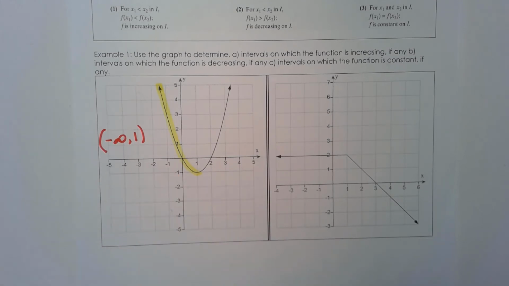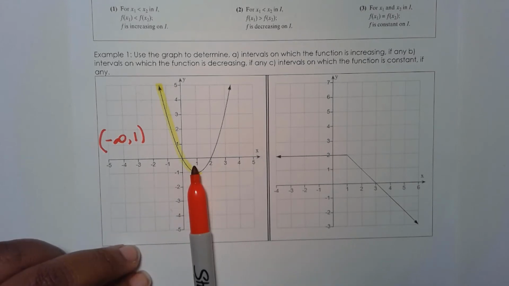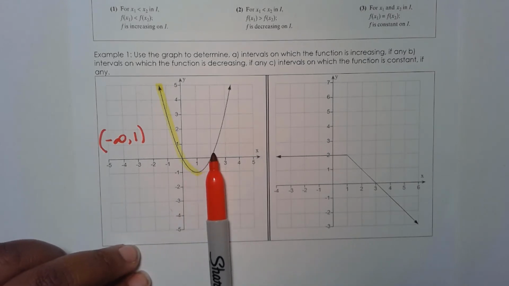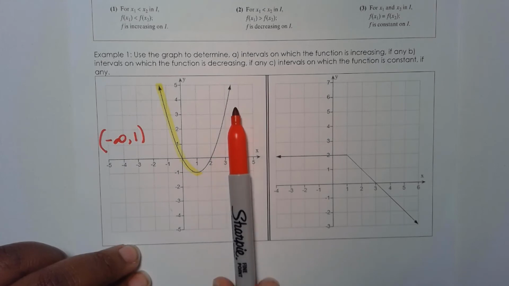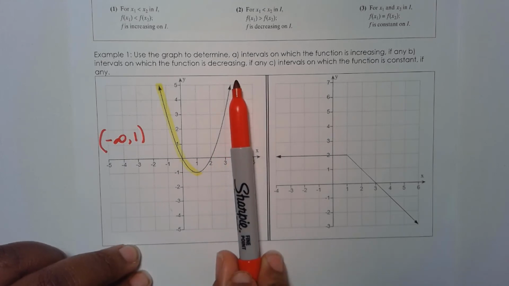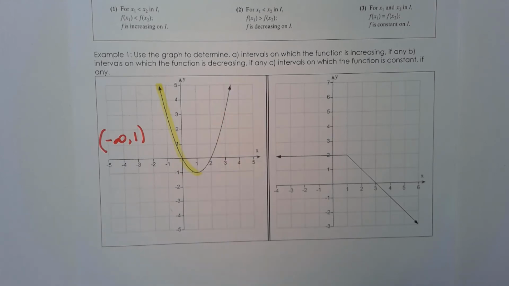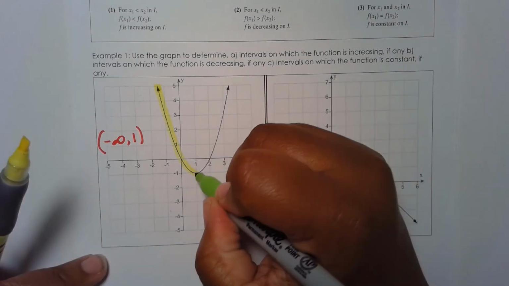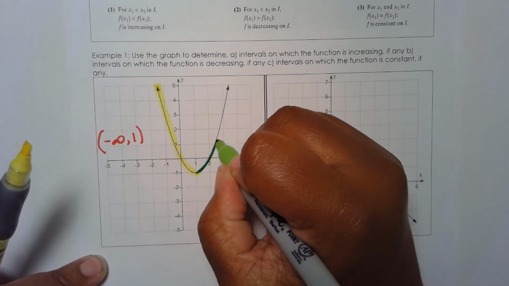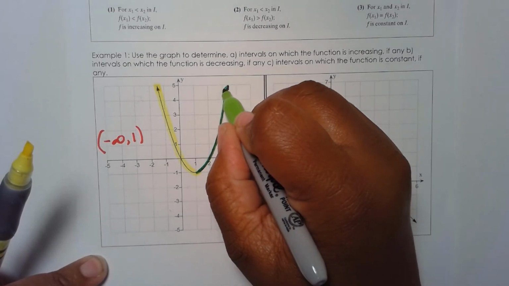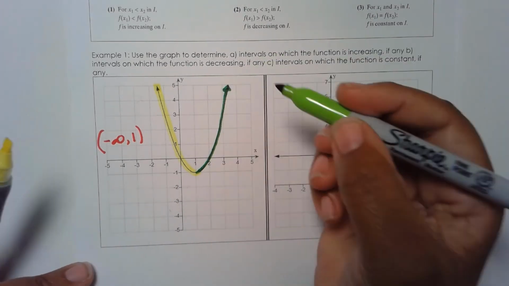Then where does it increase? That's what we want to find, because if you notice, from 1, reading it from the left to the right, it increases to what? To positive infinity.